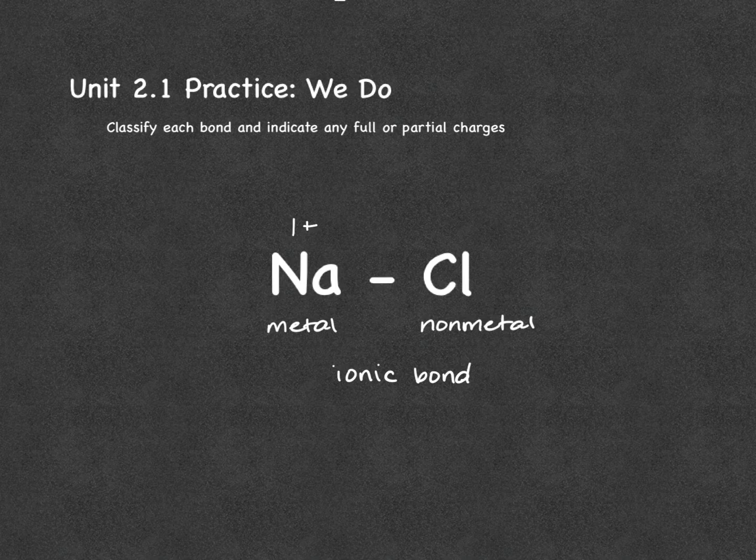Because that electron is transferred to chlorine, that gives our chlorine a 1 minus. So for this compound, because I have a metal bonded with a nonmetal, I'm going to have an ionic bond, with a full 1 plus charge on sodium and a full 1 minus charge on chlorine.